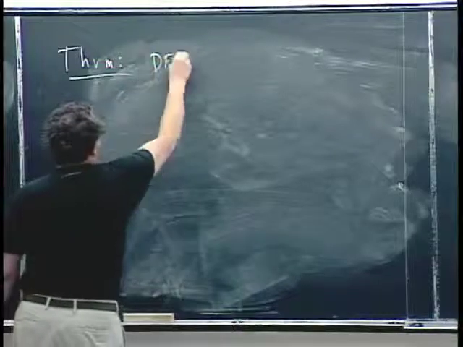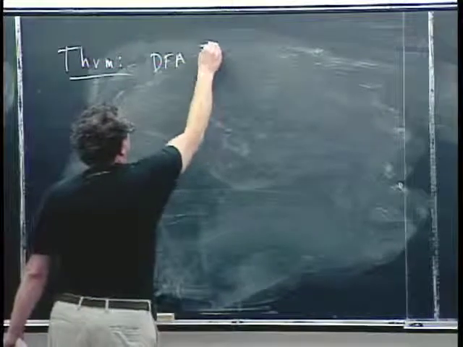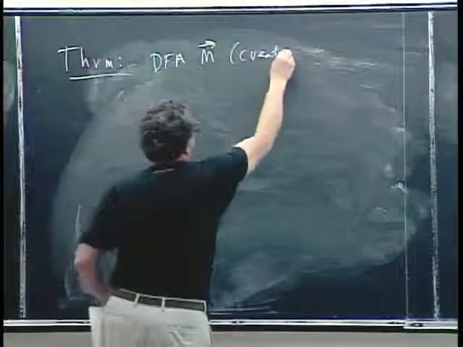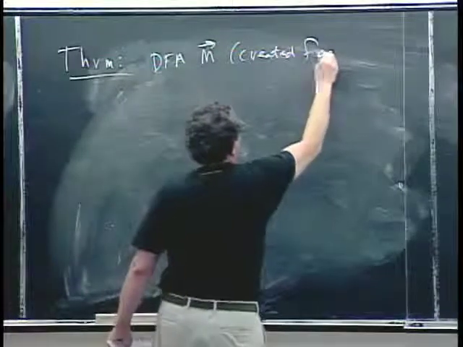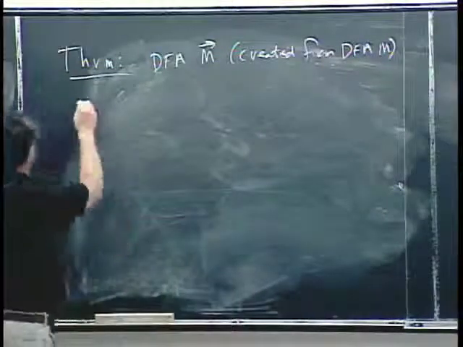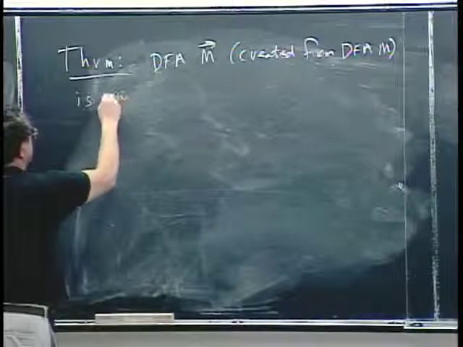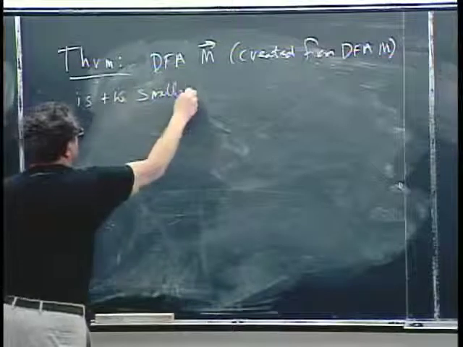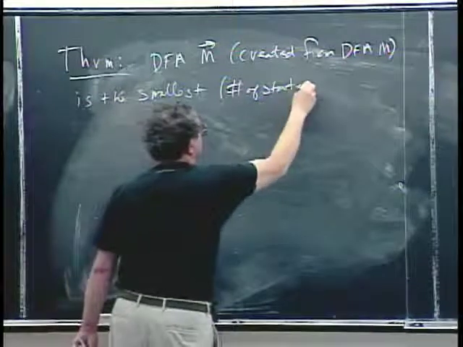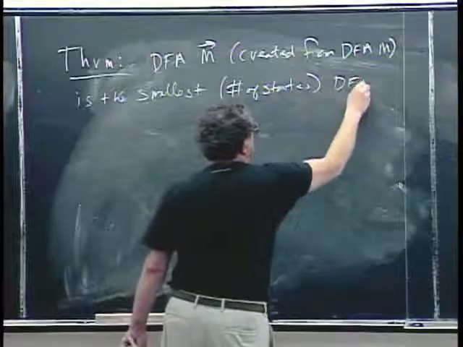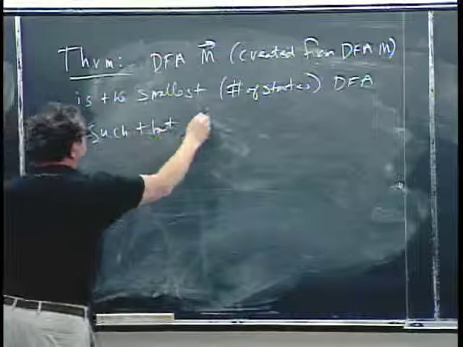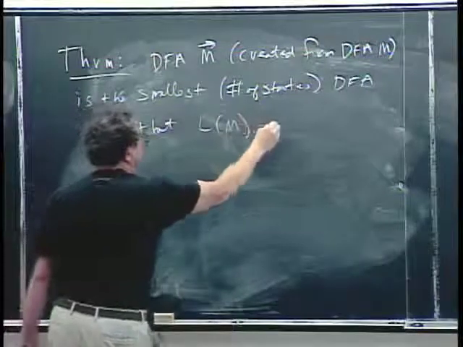The DFA M tilde, which was created from some DFA M, is the smallest, and by smallest I mean in number of states, DFA such that L(M tilde) equals L(M).